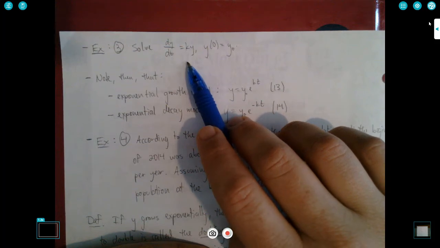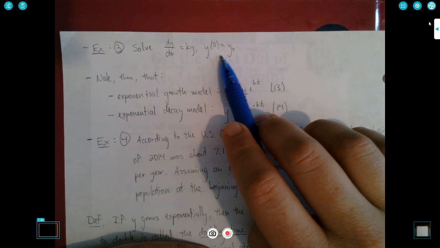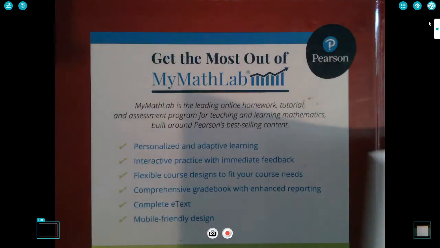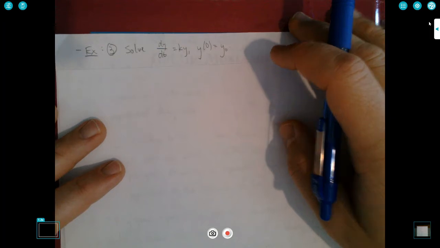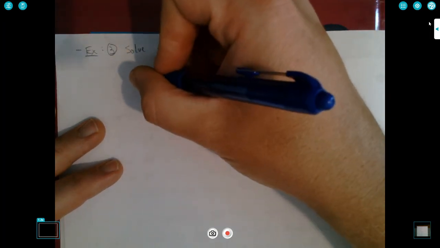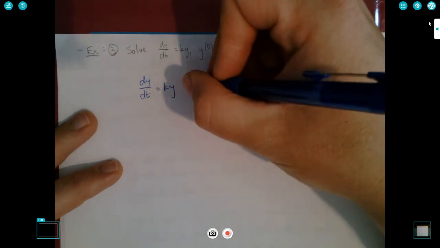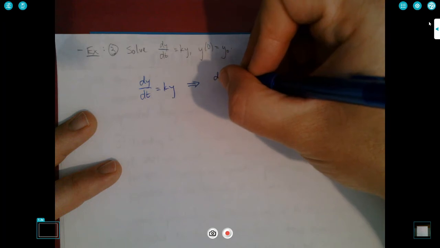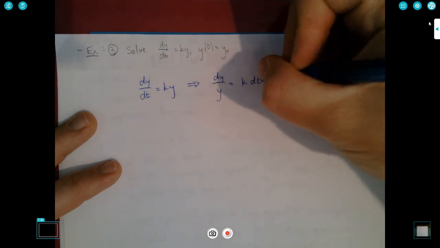So let's solve dy/dt equals ky. We'll just use a generic initial value, y of 0 equals y naught. So if dy/dt equals ky, then dy over y would equal k times dt.